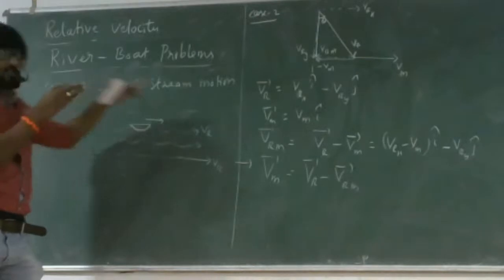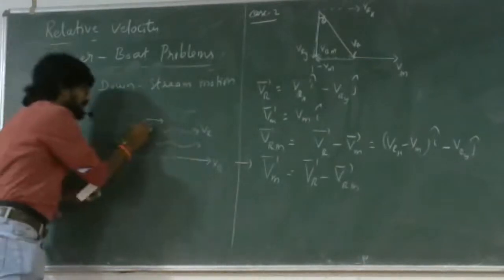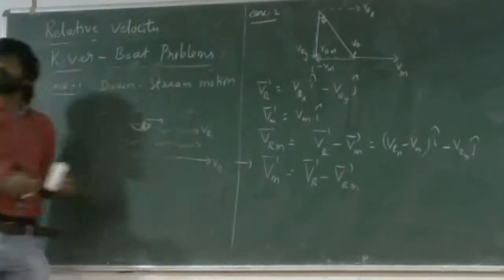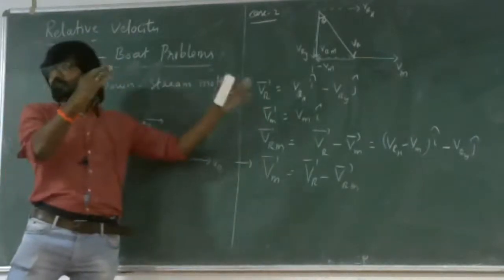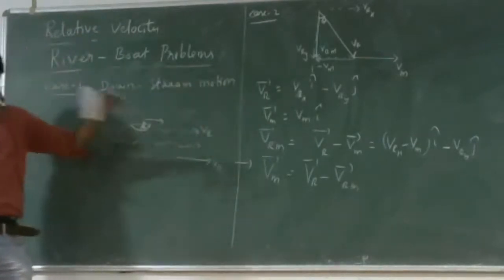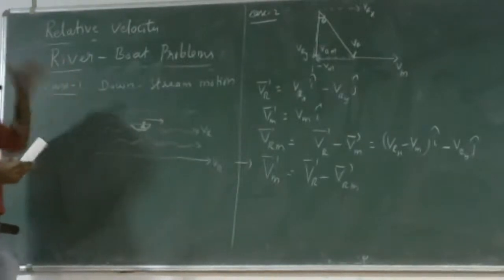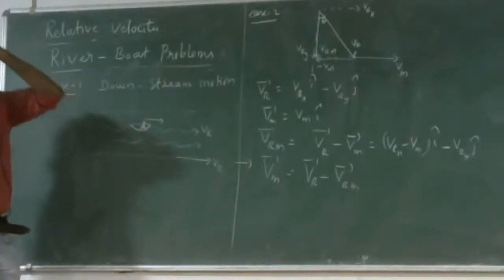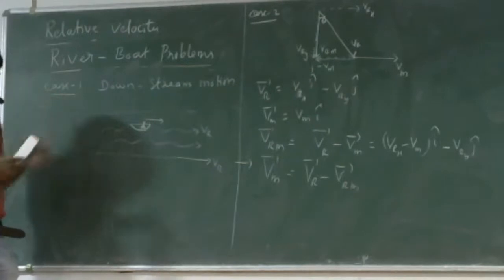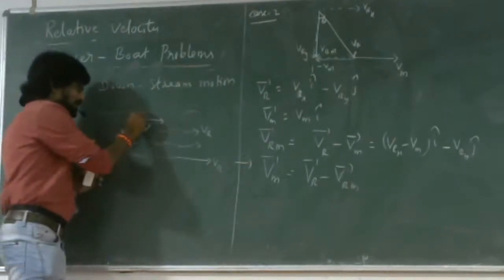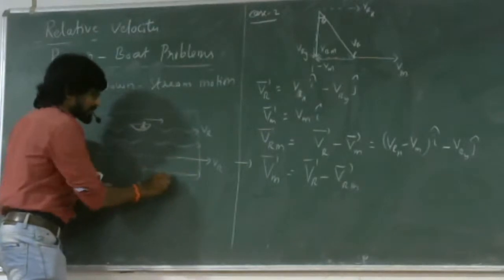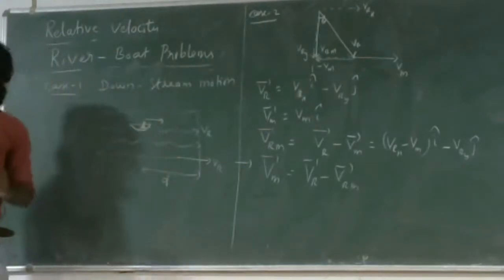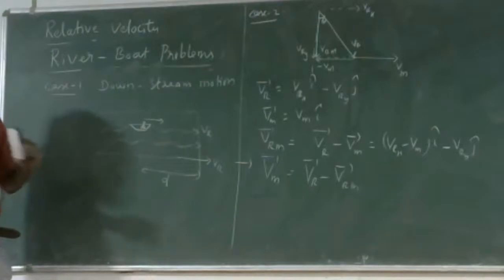When you are moving in the boat along the river flow, in the direction of river flow, then you are said to be in the downstream motion. That means to cover some distance, for example, some distance d, how much time it takes?